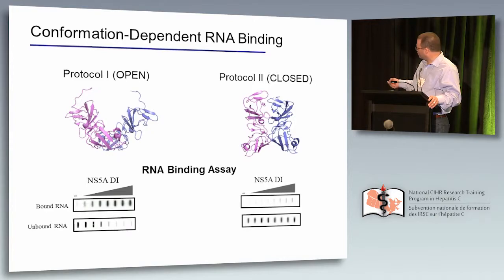If we use the protocol for the Love structure, we do not see RNA binding. So there seems to be a correlation. What we don't know at this point with the biochemical data is, is this really indicative for the existence of this particular structure?